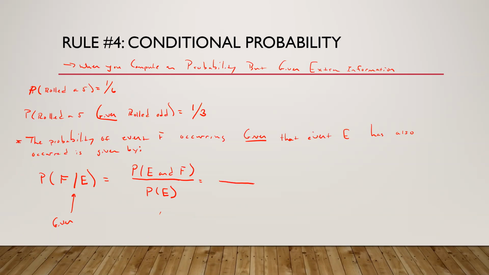Or another way you can do it is the number of ways events E and F can occur together, divided by the number of ways E can occur.